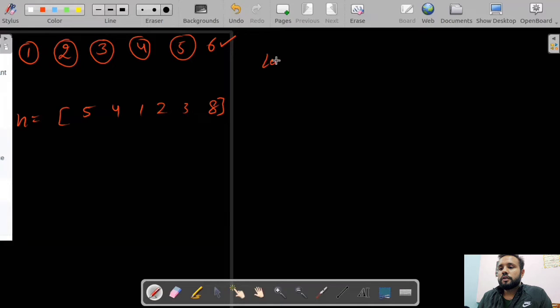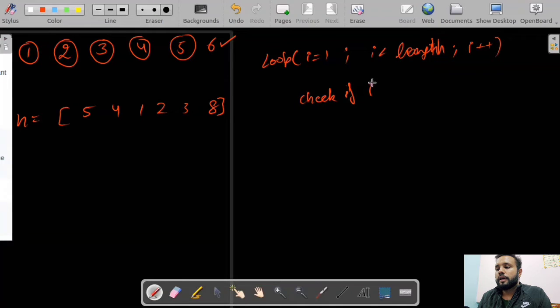we will use a loop from i equal to 1 till i is less than length. Why I am writing this length, I will explain it later, but let's assume we have a loop, and in this we check if i is present in the array.